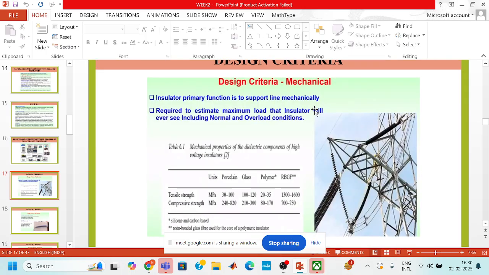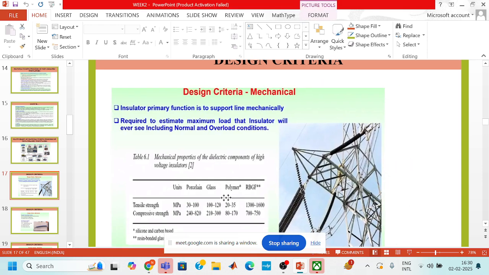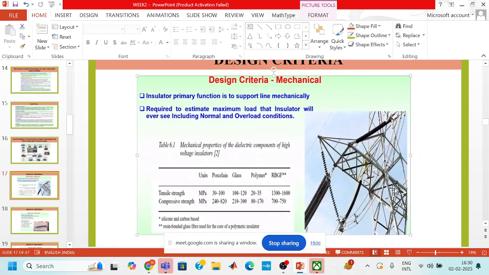So in mechanical design criteria, we see the two main properties, that is the tensile strength and compressive strength. According to different types of insulators, tensile strengths are different. If you see the tensile strength of porcelain, it is 30 to 100, for glass it is 100 to 120, and for polymer it is very low, that is 20 to 35.